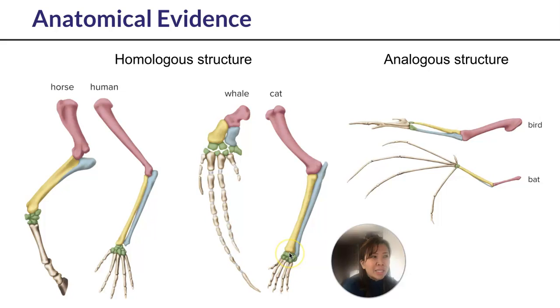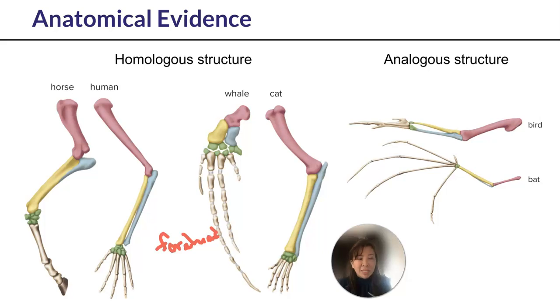But you can kind of see that going from horse to human to whale and cats, we all have from our common ancestor these vertebrate forelimbs, right? So these bones are organized, and their structure, so they're very similar, but they have different functions depending on which organism you look at.